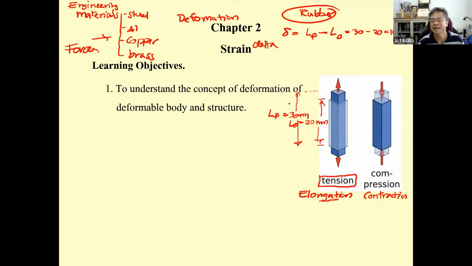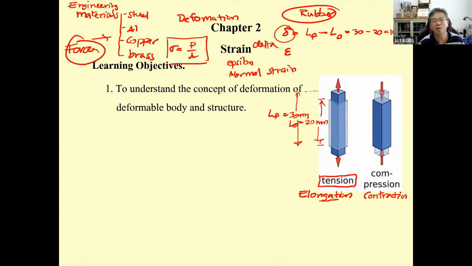But in engineering, we don't directly use the deformation. We use epsilon, which is called the normal strain. Under force we produce stress equal to the internal force divided by A. This normal stress produces normal strain in the same way.